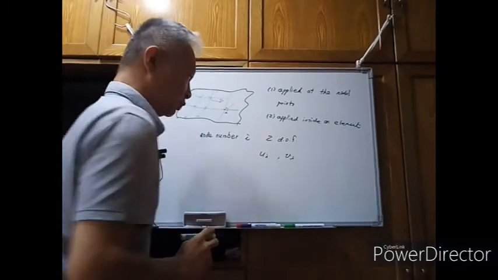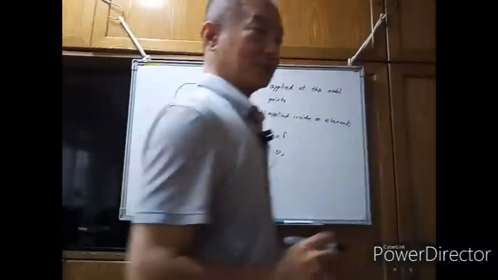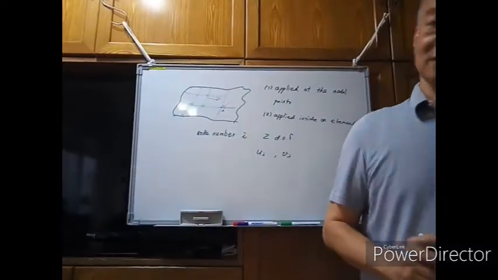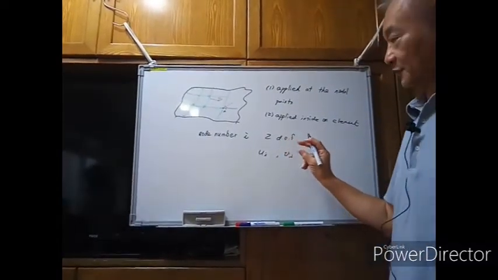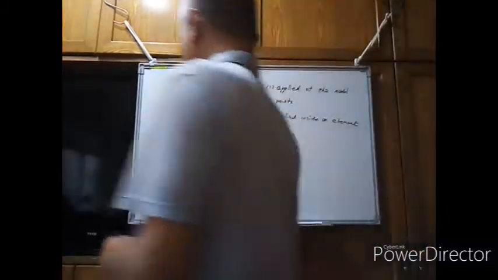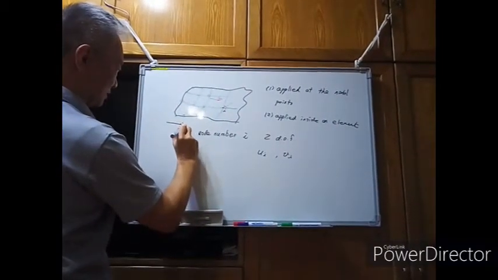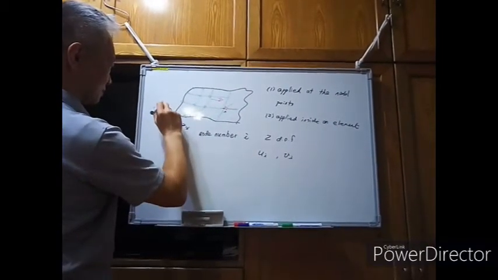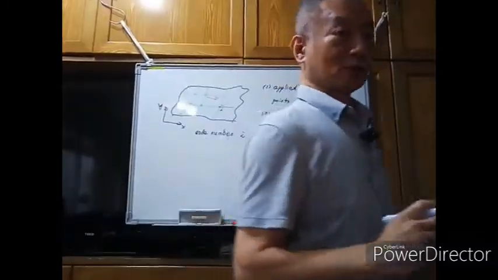Okay, the UI is the nodal displacement along the X direction, and the VI is the nodal displacement along the Y direction, in the global coordinates X and Y. Okay, they are determined by the program user also.